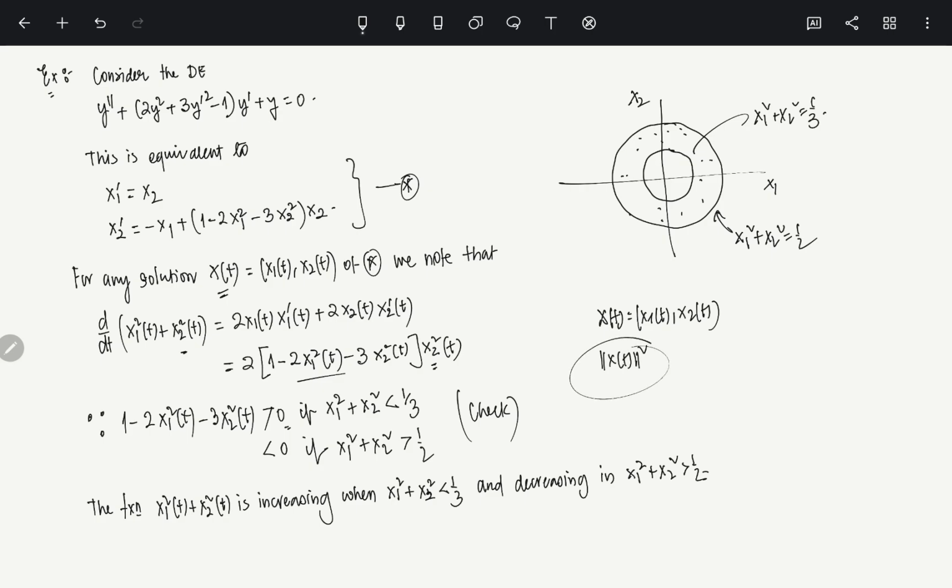So the norm is increasing in the region where x1 square plus x2 square is less than 1 by 3.